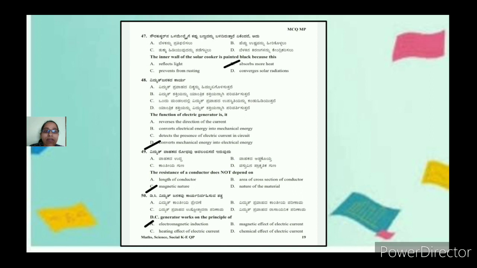So resistance of a conductor depends on length of the conductor, area of cross section, nature of the material. So what it doesn't depend on is magnetic nature. DC generator works on the principle of electromagnetic induction.